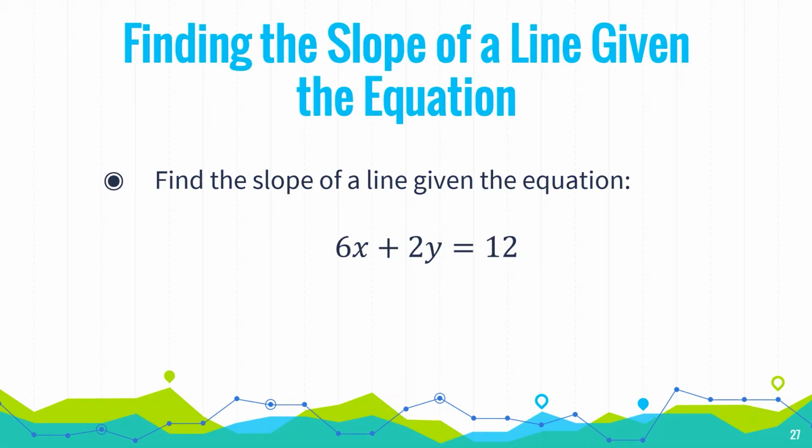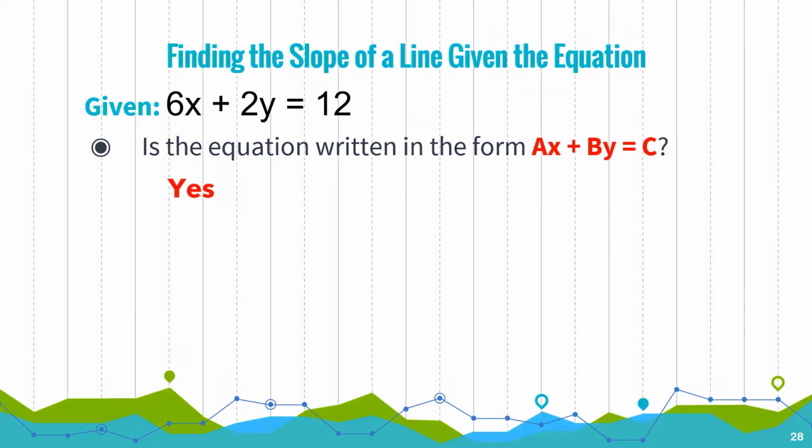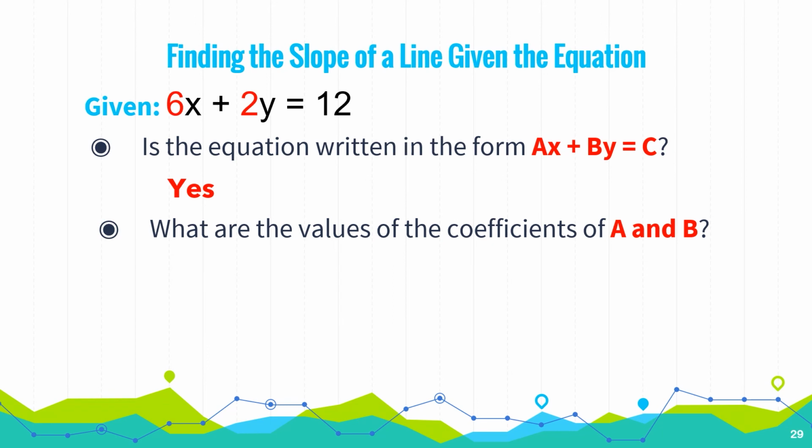Let's have this example. Find the slope of a line given the equation 6x plus 2y is equal to 12. Is the equation written in the form ax plus by is equal to c? The answer is yes. What are the values of the coefficients a and b?